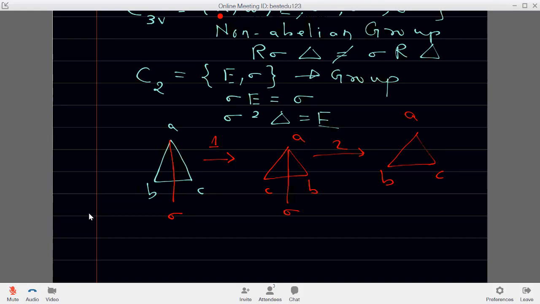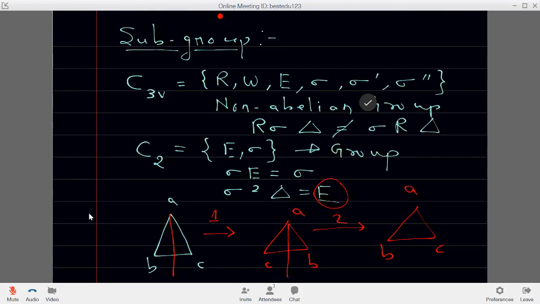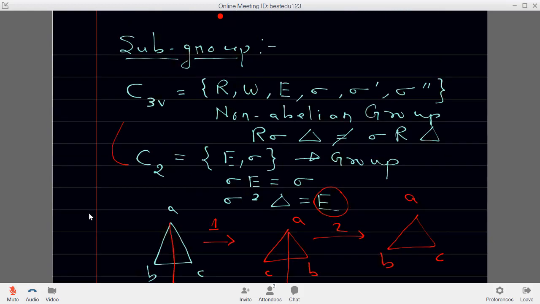So that's why there is an E here. So this is a subgroup. Why is it a subgroup? Because it is a group and this group is contained inside a larger group, and that's why it is called a subgroup. So C2 is a subgroup.